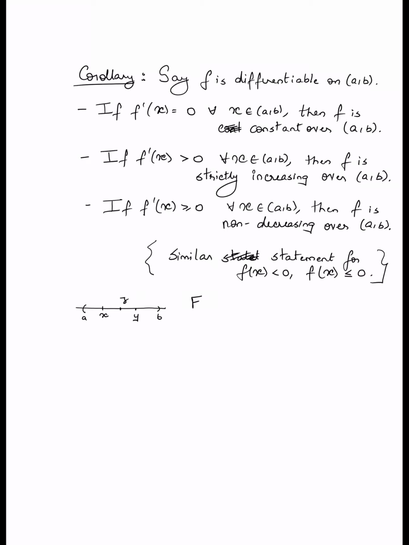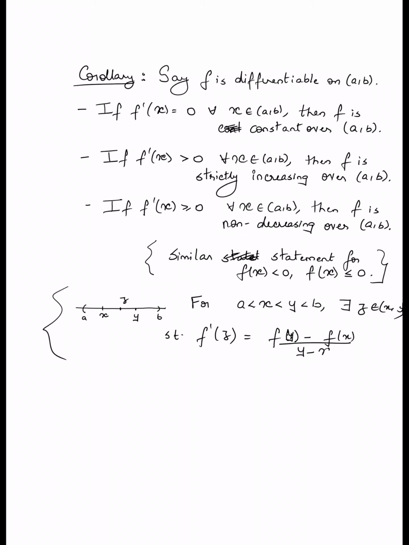So this is going to be a common proof that applies to all of these cases. For x and y in the interval, so for a < x < y < b, well, there exists a z between x and y such that f'(z) would be equal to (f(y) minus f(x)) upon (y minus x).